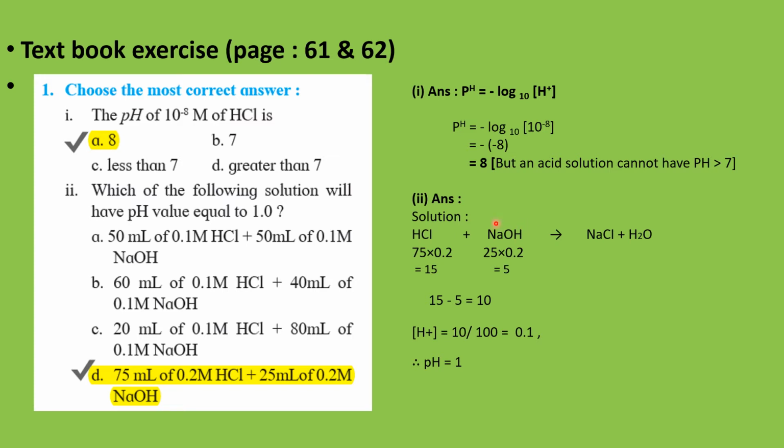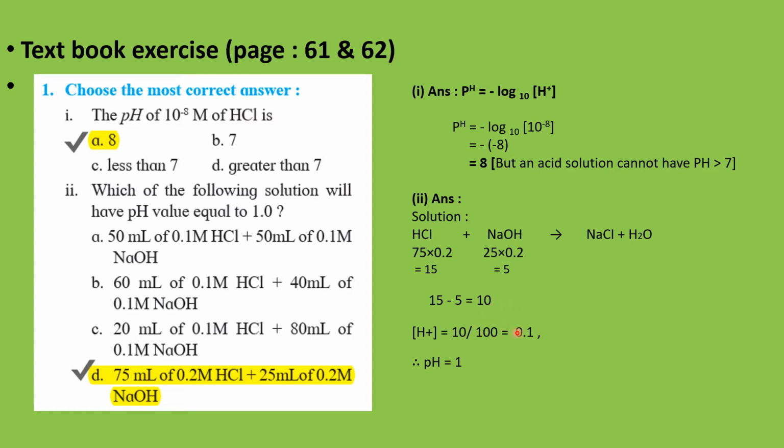In this reaction, this is a neutralization reaction. If 5 moles of NaOH is reacted, then 5 moles of HCl only will react. So the amount of HCl present is 15 minus 5, that is equal to 10 moles of HCl. So the concentration of H plus ions is the number of moles upon total volume. That is, number of moles of HCl is 10 upon the total volume is 100.